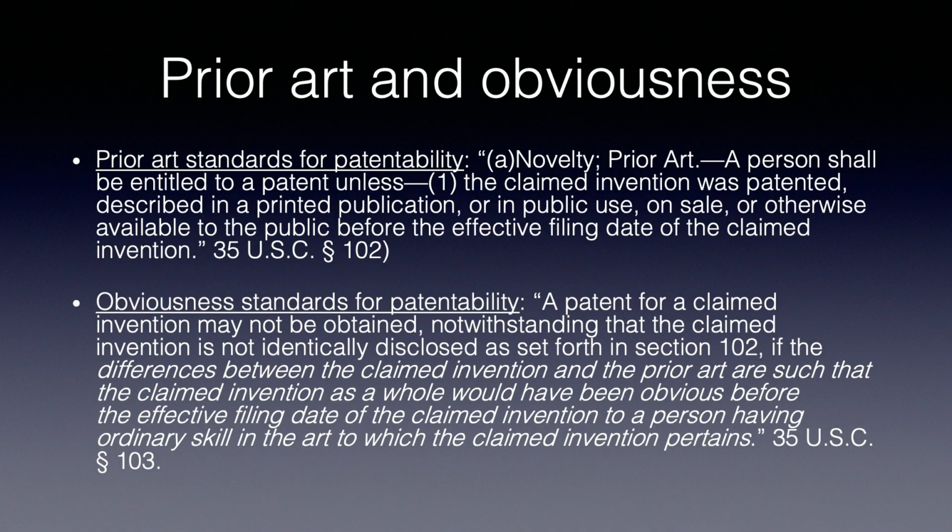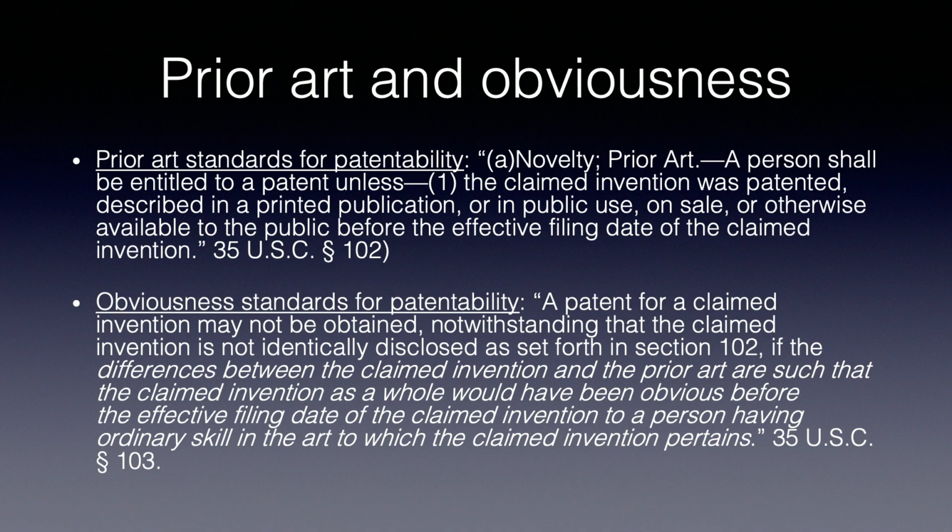Now, the backstop to patents, of course, are prior art and obviousness. And this means that, in order to have a patent, it has to be something that's not obvious. And if it was obvious, or if there is prior art already describing it, then you cannot get a patent on it. And so these are the standards for patentability in terms of prior art and obviousness. And this comes from the Patent Act, 35 U.S.C. 102 for prior art, and it says novelty, prior art.